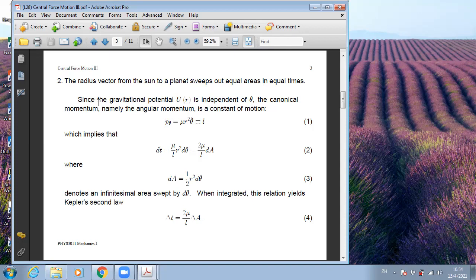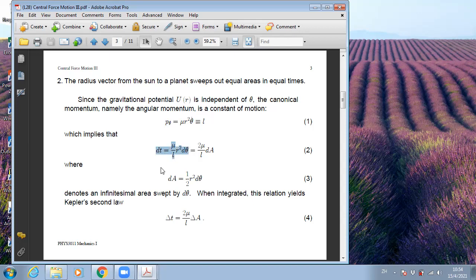The canonical momentum, i.e. the angular momentum, is conserved. So we have here the angular momentum is equal to mu r squared theta dot. Now we rewrite this expression in this form. All right, in this form.